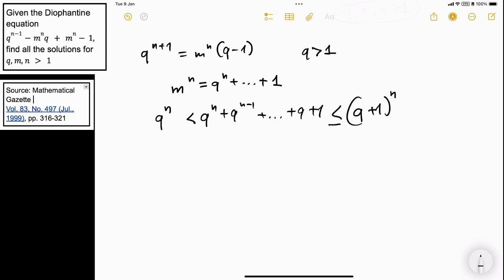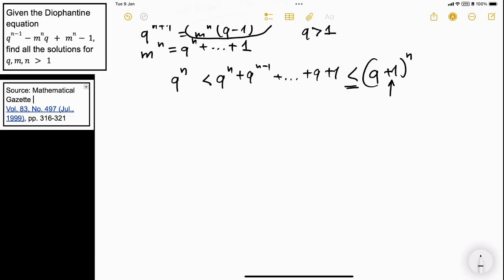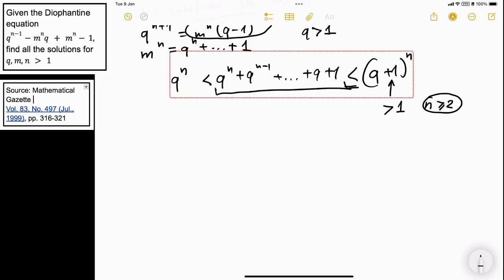And why is this? This is because in this formula, if we open the brackets, there would be binomial coefficients, and all of the binomial coefficients in this formula would be more than 1, with n more than or equal to 2, which basically means that this value is captured between consecutive powers.